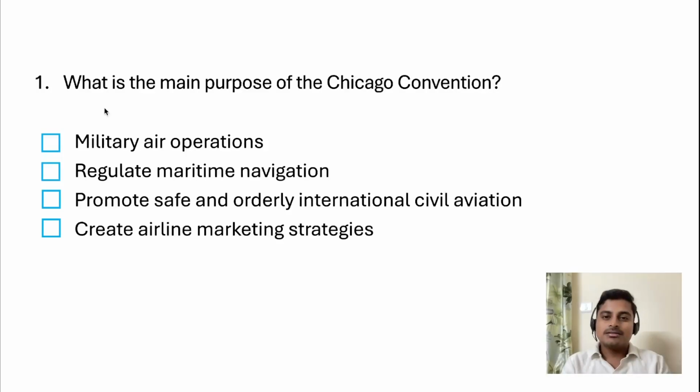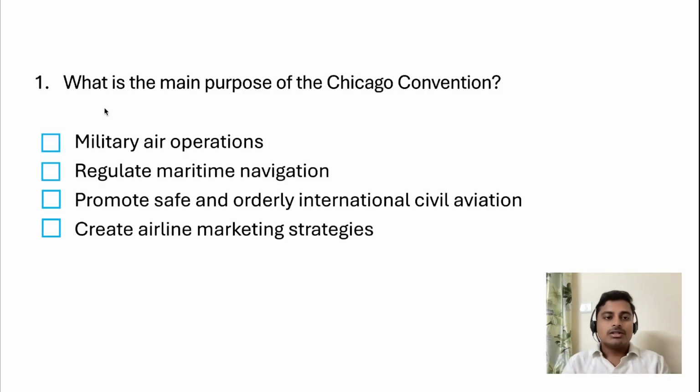The first question: what is the main purpose of the Chicago Convention? First option, military air operations. So Chicago Convention was not about improving military air operations or anything about that. Regulate maritime navigation, no. Promote safe and orderly international civil aviation, yes.